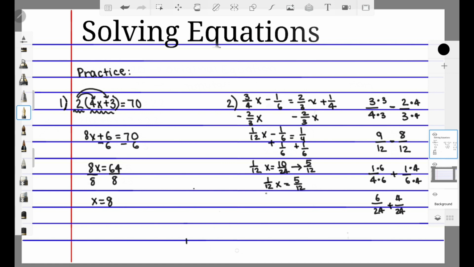Now, this is also the same as 1x over 12 is equal to 5/12, and therefore it's also similar to x divided by 12 equals 5/12. So the same way, since it's being divided, we're just going to multiply it. And then this cancels out, so x is just left equal to 5.